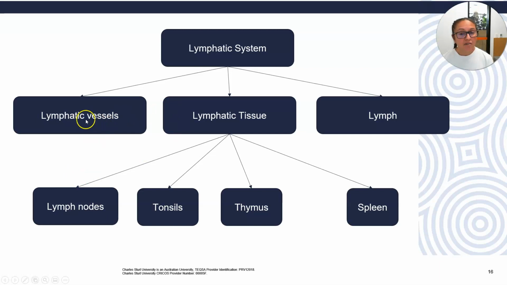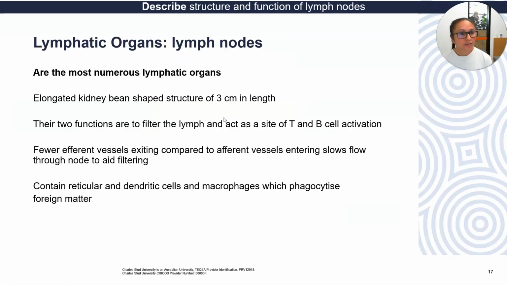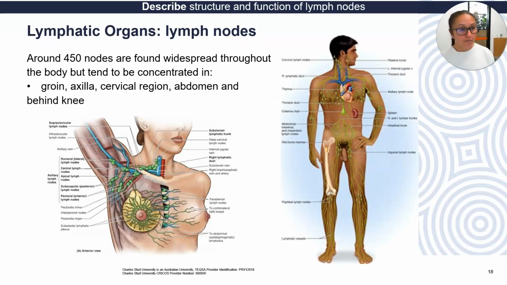Okay, so we had a look at the vessels and we had a look at lymph. Now we're going to look at lymphatic tissue. Right, so the most numerous of the lymphatic organs would have to be the lymph nodes, and they are beautiful little kidney bean shaped little things, and they are very, very useful.